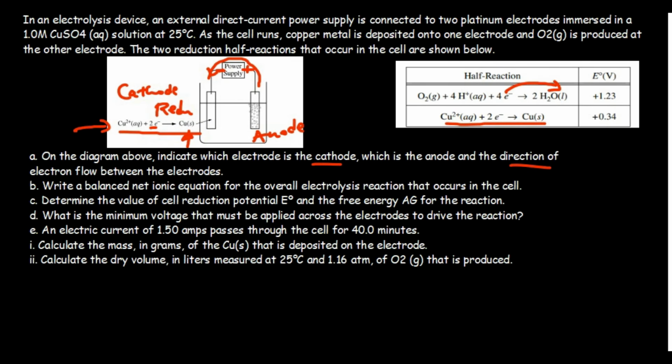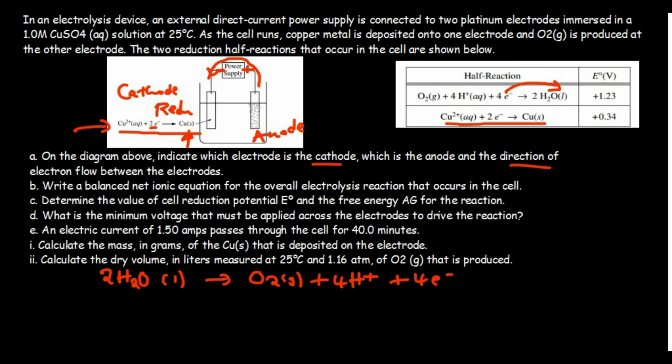So if we reverse it, we have water on the left in liquid state giving us oxygen gas. What else? We have 4 hydrogen ions and 4 electrons.